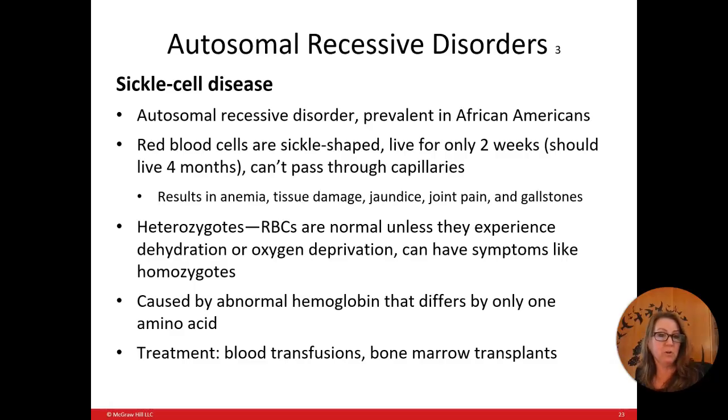So you can look normal, but under those conditions, it can cause that condition to flare up. It's caused by an abnormal hemoglobin that differs by only one single amino acid. Sickle cell anemia tends to be more prevalent in African Americans, and it's definitely a disease that we need to be keeping an eye on.